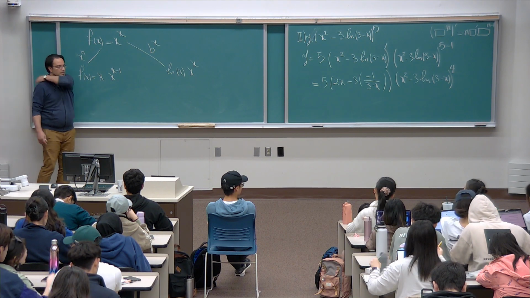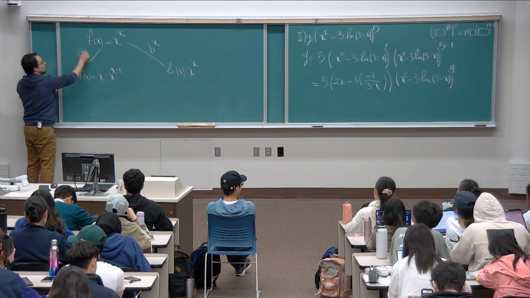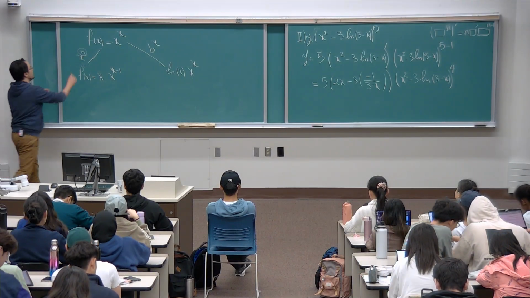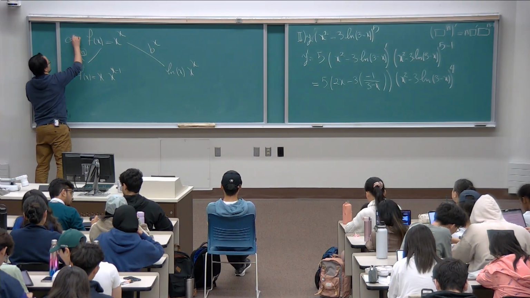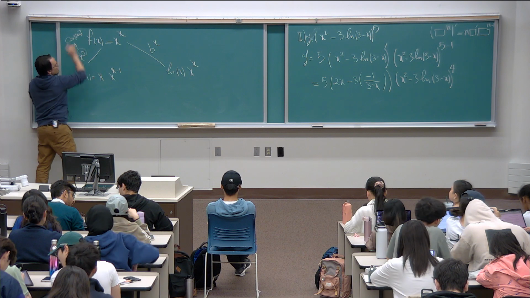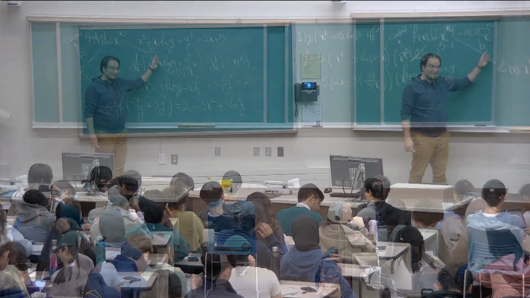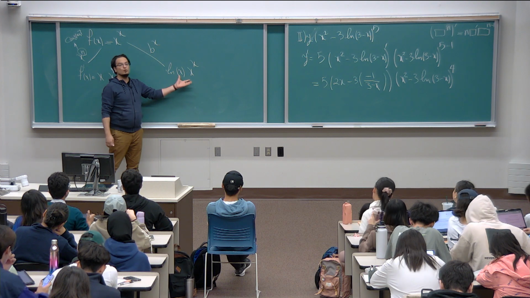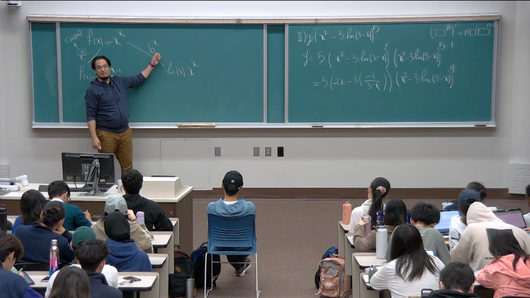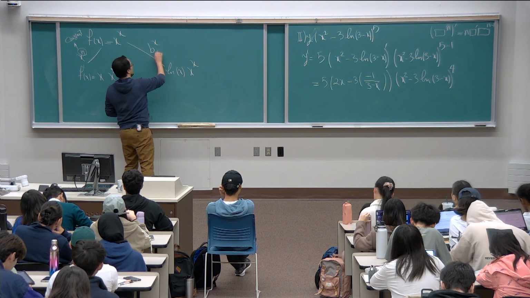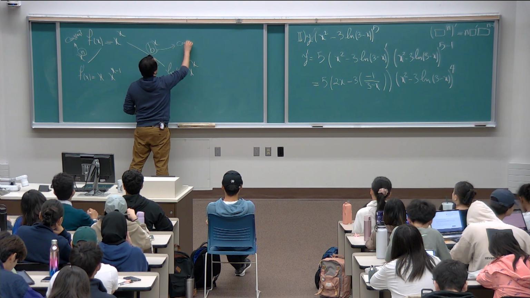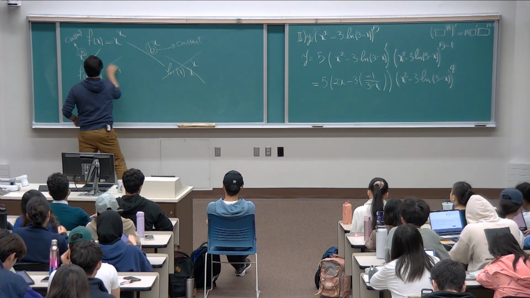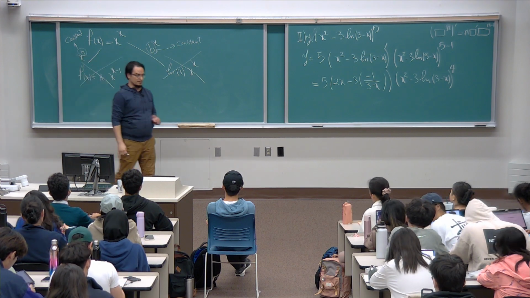Yes? It's meant to be a constant. This rule applies only when the power is constant. And similarly here, you can use this rule if the base is constant. So neither that nor that can be the correct answer.